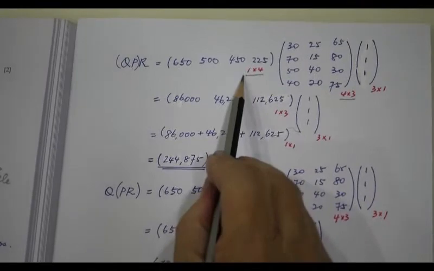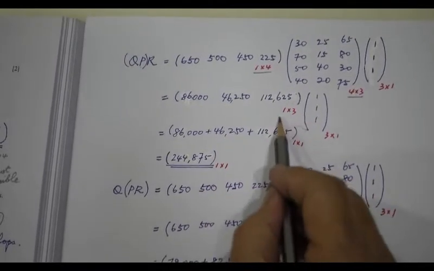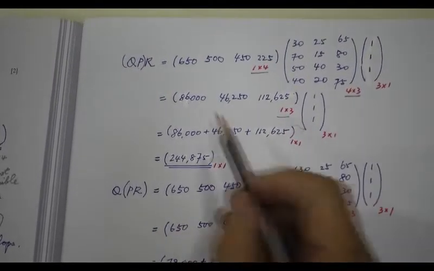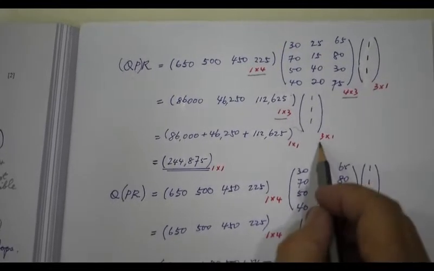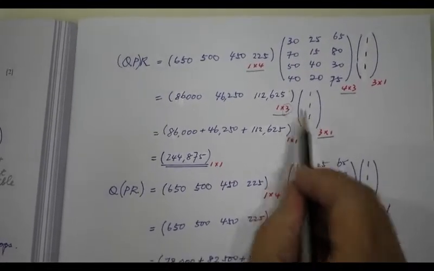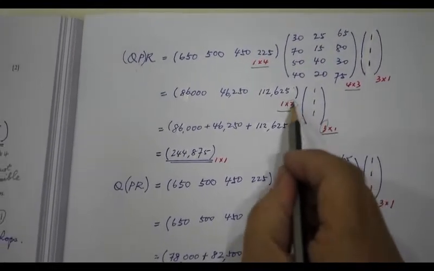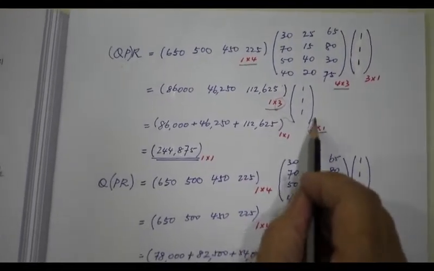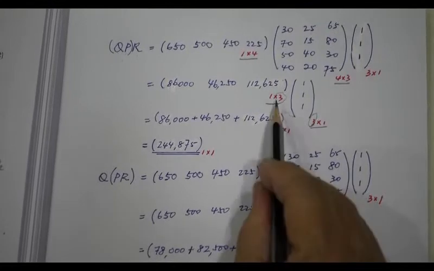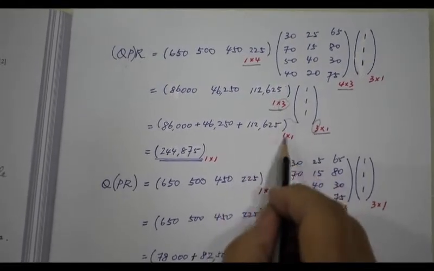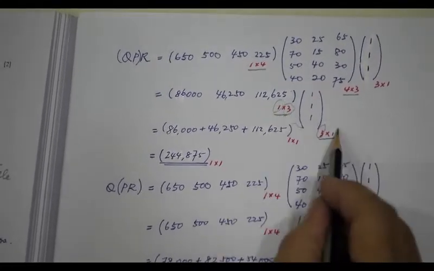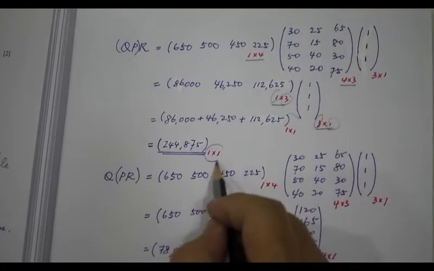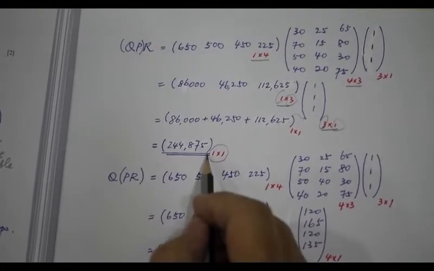So Q times P will give us 1 times 3. After which you multiply by R. Again, the number of columns in the first matrix is equal to the number of rows in the second matrix, that is 3 and 3. So the answer is 1 by 1, which means you get only 1 number.